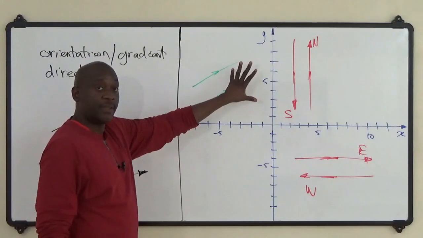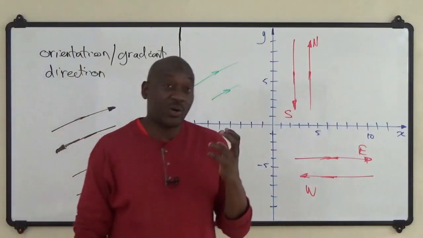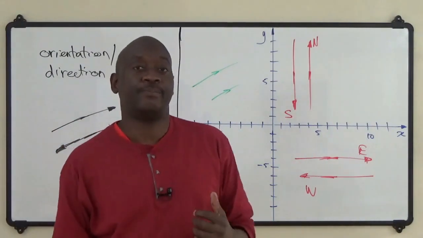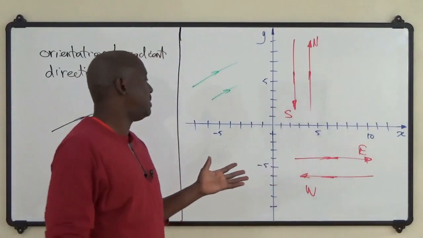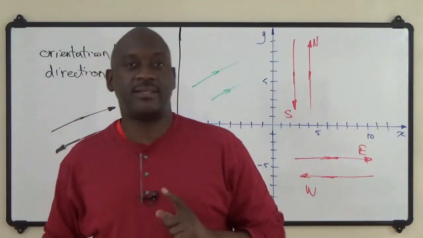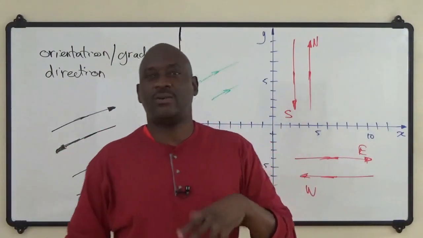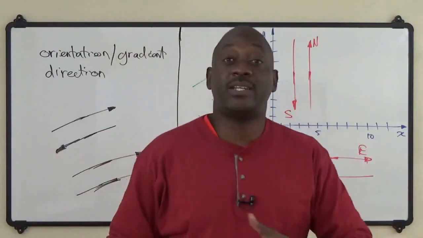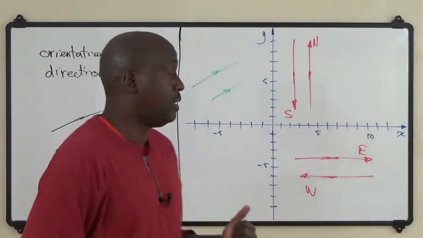In general usage, in coordinate geometry, we could say they're moving in the same direction. But if we have to be very specific, that is where vectors enter the picture. With vectors, we're more specific than just saying they're pointing in the same direction. What does that mean if we say they're pointing in the same direction?